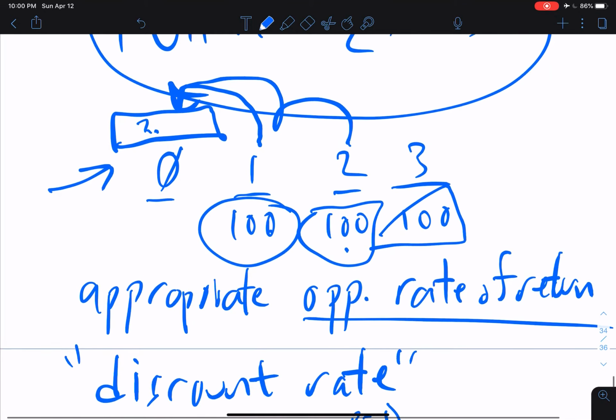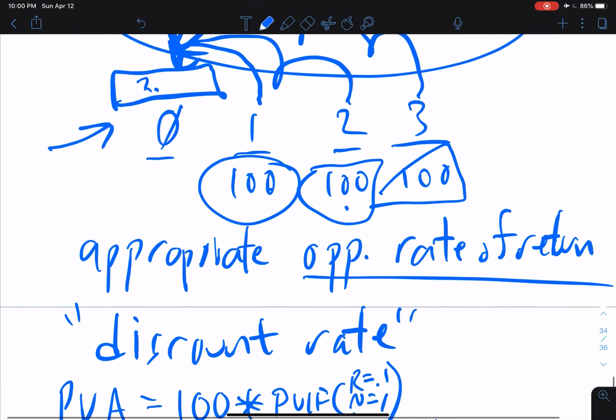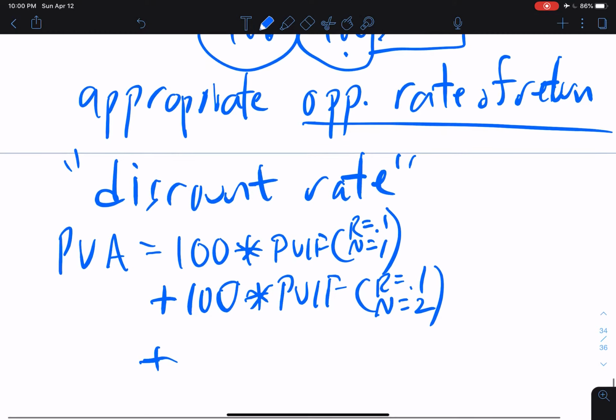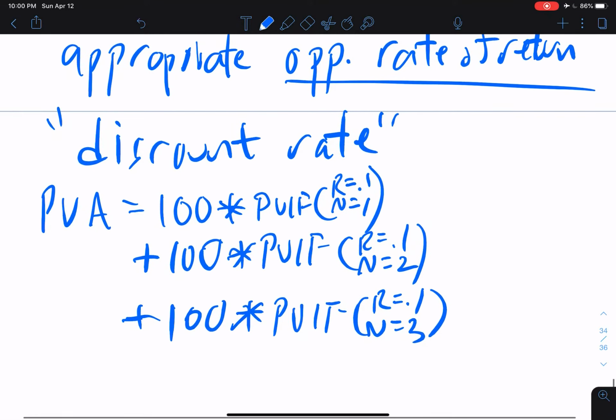That has to move back 1, 2, 3 periods to get to date 0. So there's that 100. Multiply it by its PVIF, where R is still 0.1 per period, but now N is 3 because we're moving back 3 periods in time.